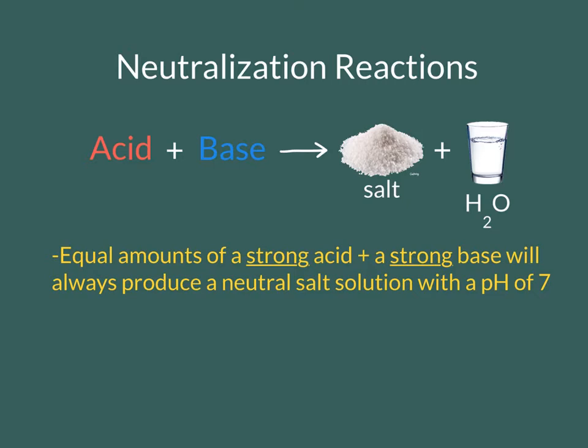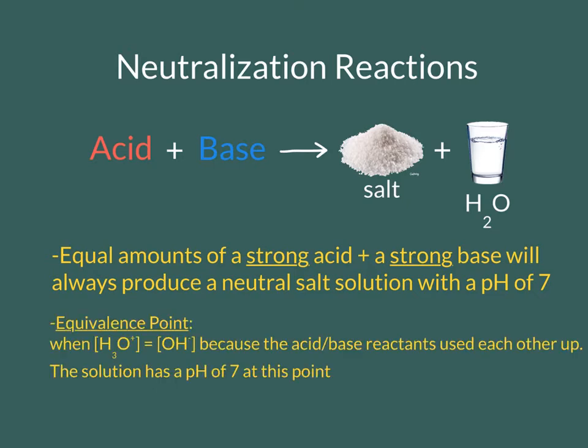This is because we have reached something called the equivalence point, and the equivalence point occurs when enough acid and base are reacted to completely use up each other, meaning there are no reactants left over, and we have a resulting pH of 7. The equivalence point is especially important when we talk about titrations, so we'll be digging into equivalence point a bit more further on in our discussion.